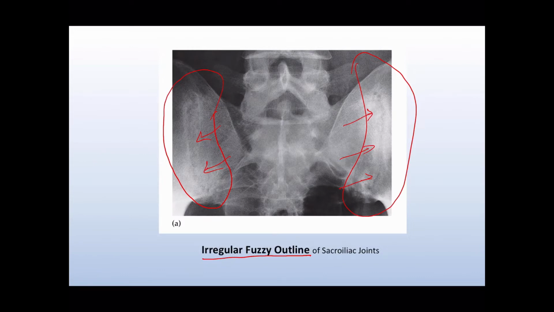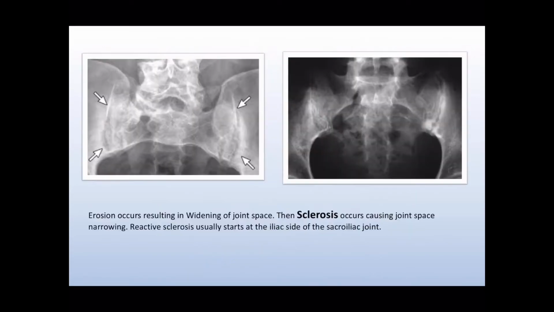This is called fuzziness of sacroiliac joints. After that, erosion occurs, which causes joint widening, and after that, sclerosis occurs, which causes joint space narrowing. And this sclerosis usually starts at the iliac side of the sacroiliac joint.